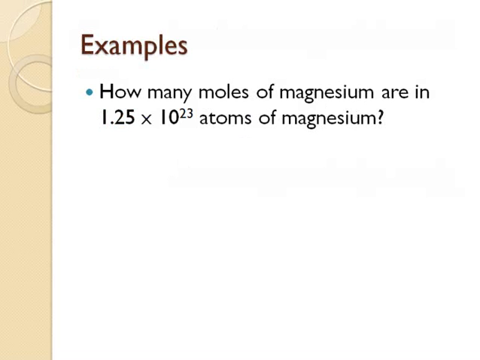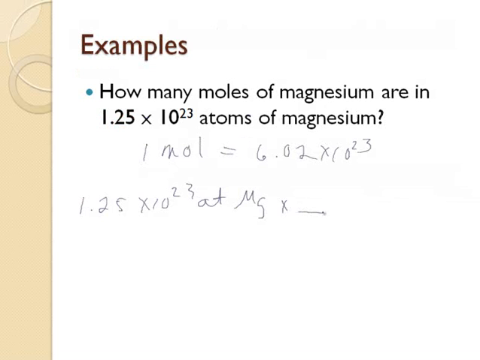How many moles of magnesium are in 1.25 times 10 to the 23rd atoms of magnesium? What I know is 1 mole of anything is 6.02 times 10 to the 23rd. That's what I'm always going to use. So my given is 1.25 times 10 to the 23rd atoms of magnesium. And what I know is 6.02 times 10 to the 23rd atoms.